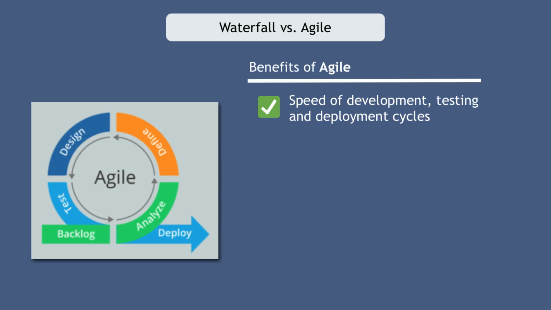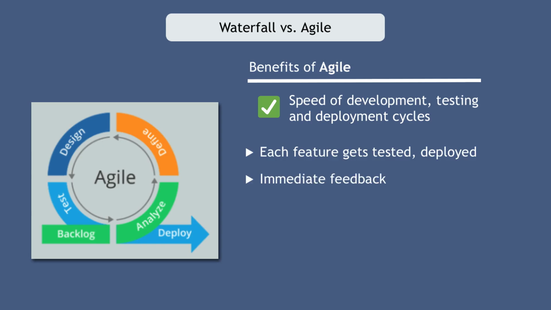So basically, instead of waiting to develop the whole application start to finish by checking off each feature and bug fix and so on, each new feature gets tested and deployed, and there's immediate feedback if there is some bug in that feature or if the deployment doesn't work, etc.